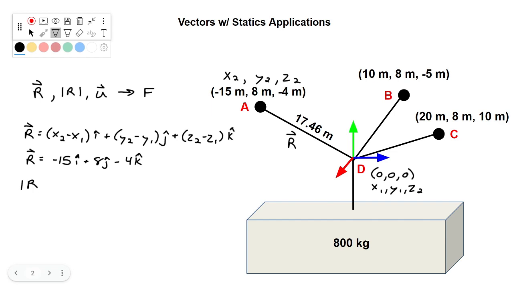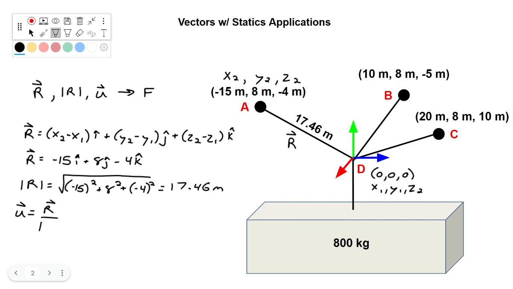And if we want the magnitude of that vector, remember we're going to do the square root of the sum of the squares. And that will equal out to about 17.46 meters. So now we have our vector, we have its magnitude, and we can solve for a unit vector that gives the direction.